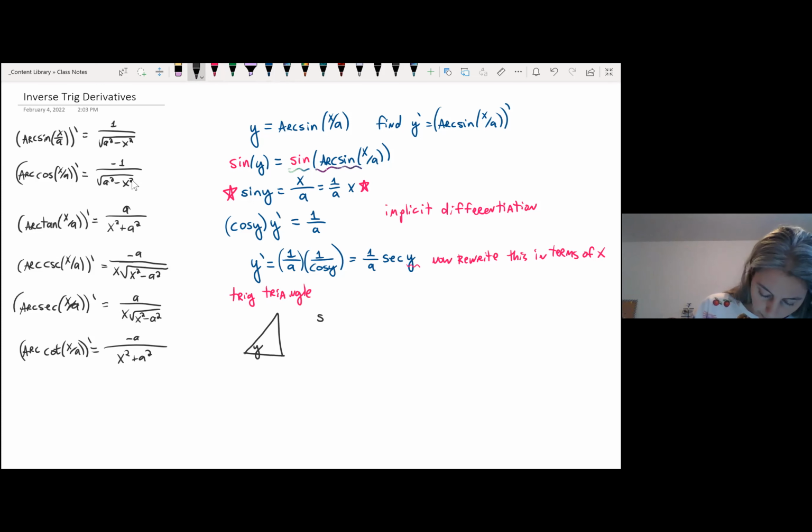We also know that sine, in terms of the triangle, represents opposite over hypotenuse. So that means opposite is x, and my hypotenuse is a. And then we can use Pythagoras to solve for the other side of this triangle to get the square root of a squared minus x squared. This just came from the Pythagorean theorem.